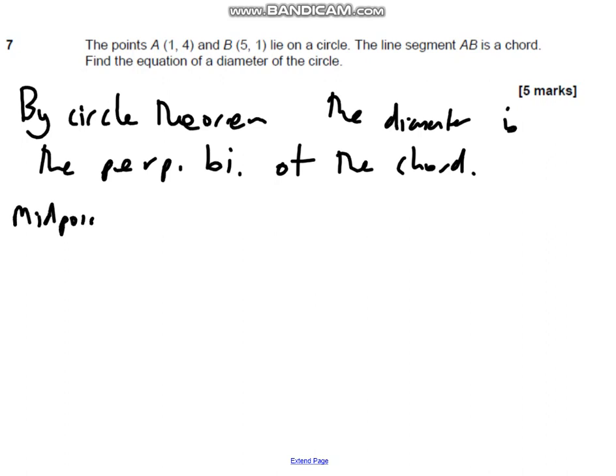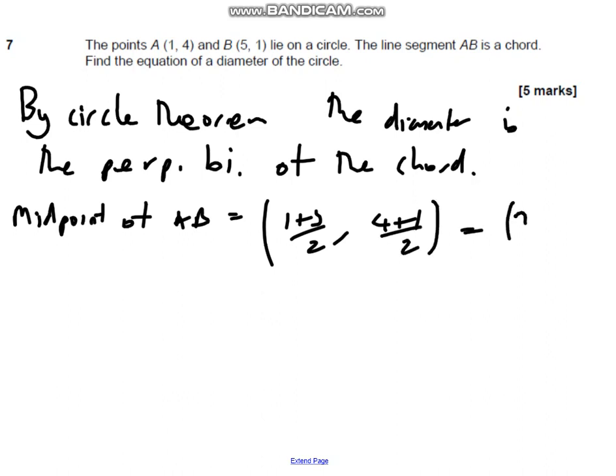Okay, so in order to find the perpendicular bisector, we need to first of all find the midpoint of AB. And that's going to be, well, halfway between these, and so 1 plus 5 over 2 and 4 plus 1 over 2. So that is going to be at the point 3. I think we're going to use 5 over 2 because it'll just make matters easier later.